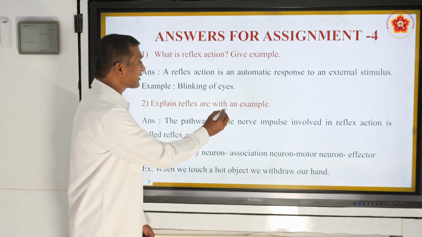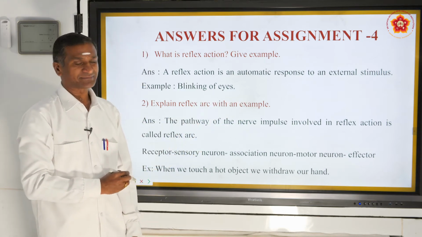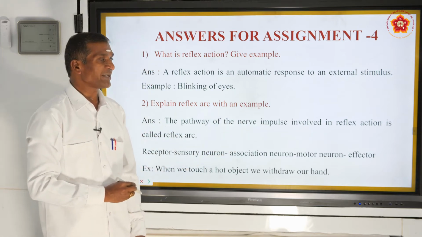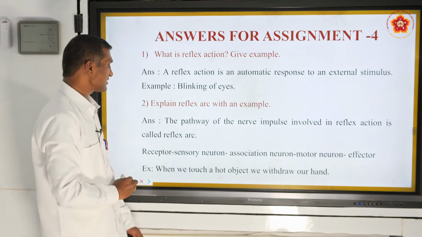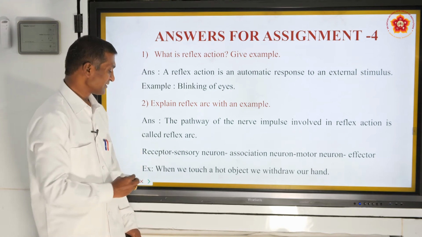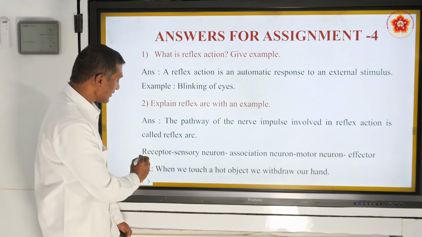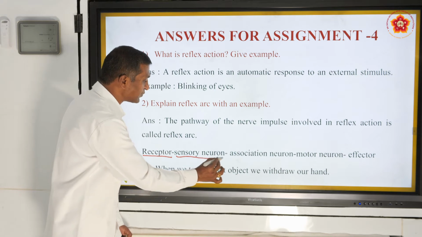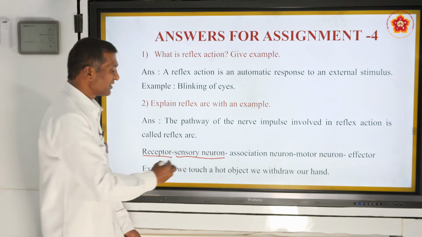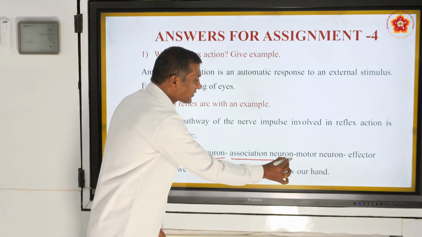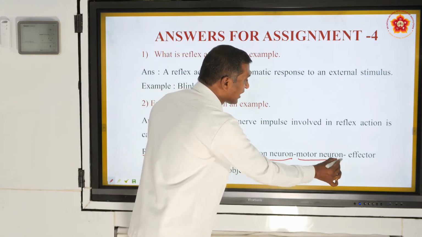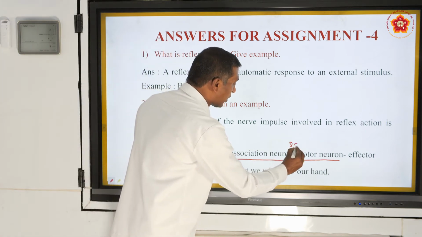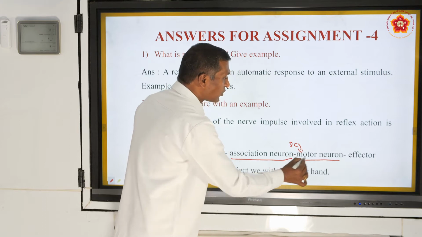Explain reflex arc with an example. The pathway of the nerve impulse involved in reflex action is called reflex arc. The pathway is the receptor. From the receptor, the stimulus moves to the sensory neuron. From the sensory neuron, with the help of associative neuron, it enters the spinal cord. Then from the spinal cord, it again moves to the motor neuron.